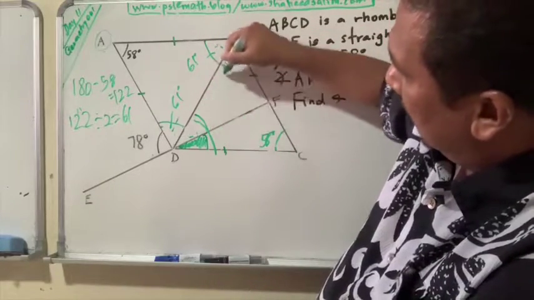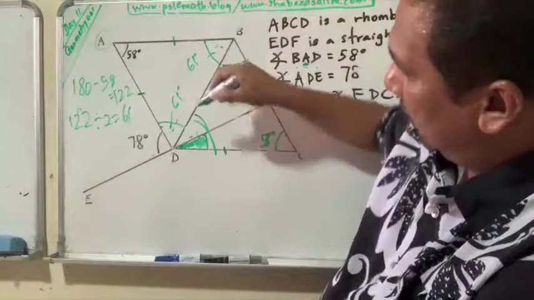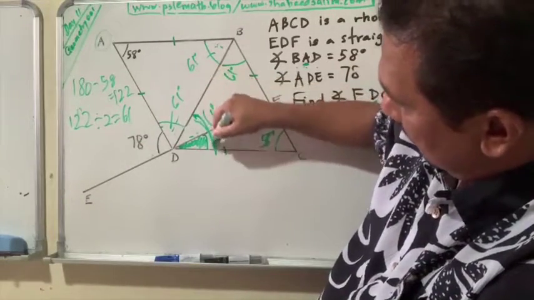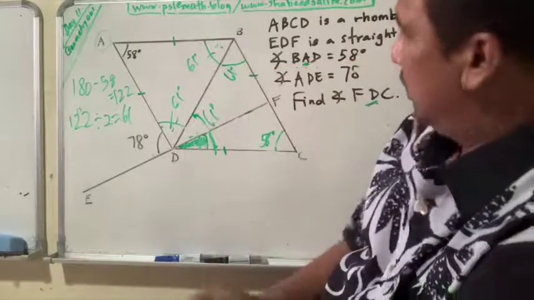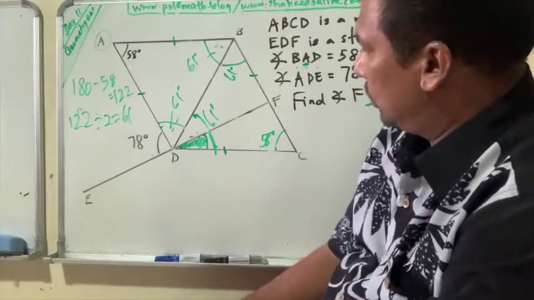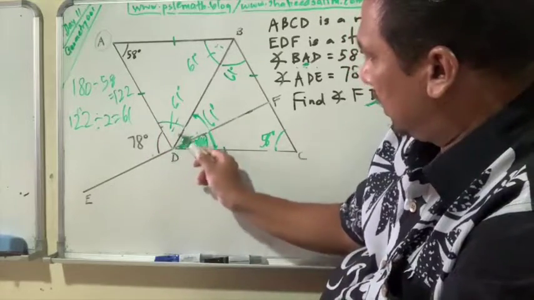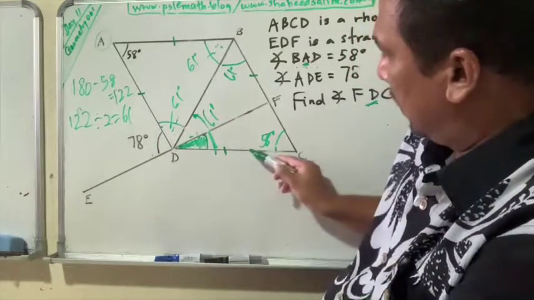So this angle is 61 because you have calculated, and this one is 61. So you have this angle 78, 61, and 61.